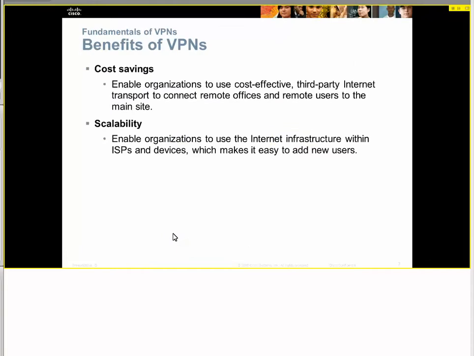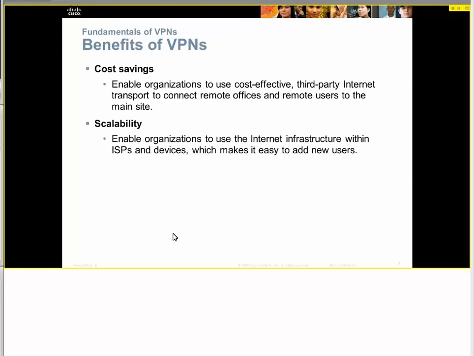The benefits of your VPN are, of course, going to be in the area of cost savings, because if we can utilize a VPN we don't have to spend the money on dedicated leased lines or frame relay or MPLS systems. So we can leverage our existing internet infrastructure, which is probably also going to be faster than what we could get for a more private solution.